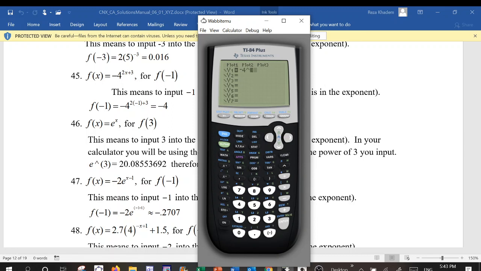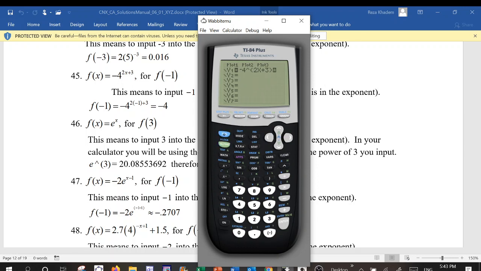And then put parentheses 2x plus 3 and parentheses close, right? Now notice that this negative is not, you're not exponentiating the negative, you're exponentiating only 4. So don't put -4 in parentheses here. The negative should not be inside the parentheses. This is the way it's supposed to be.